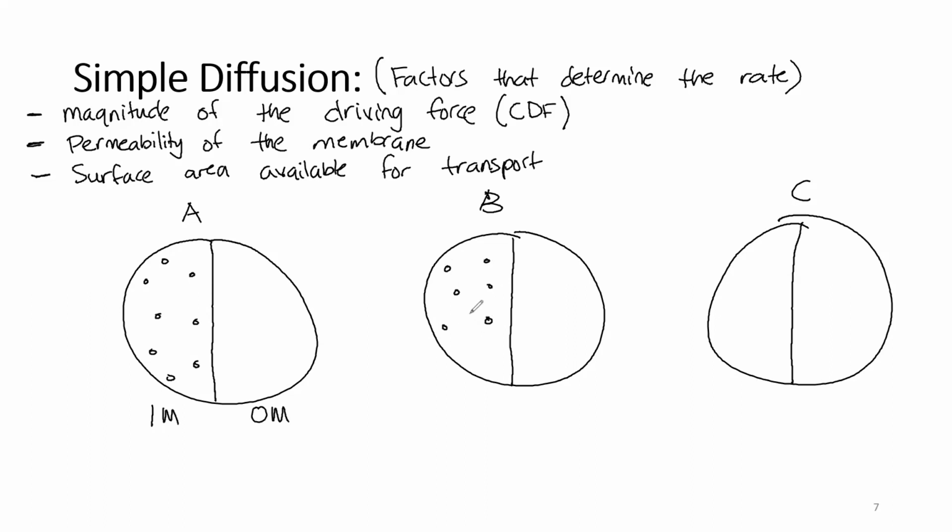In scenario B, we have a smaller difference between our concentrations, okay? So let's say we have 0.8 moles of particles dissolved here. And on this side, we've got slightly less. Let's say we've got 0.5 moles of particles dissolved. And then in scenario C, we have an equal concentration of particles dissolved.